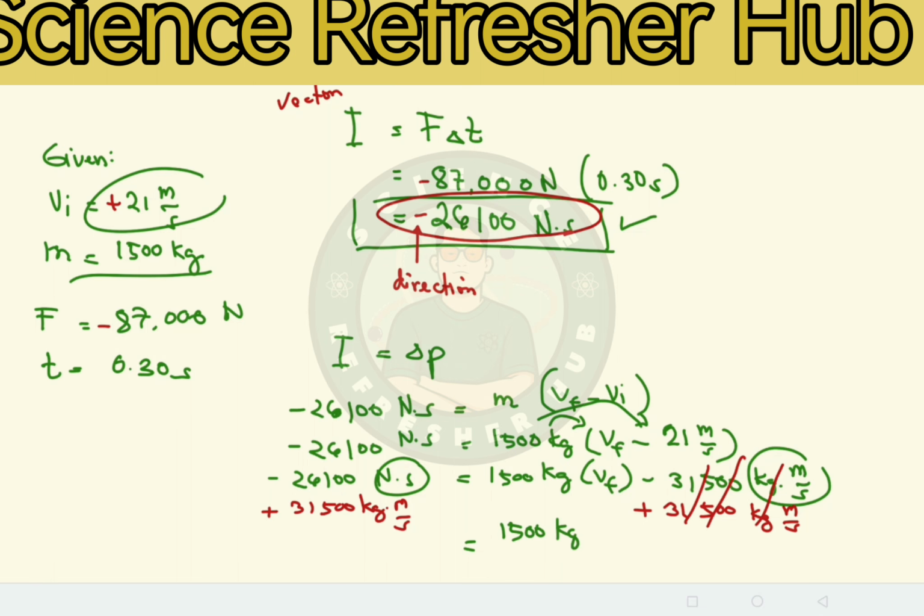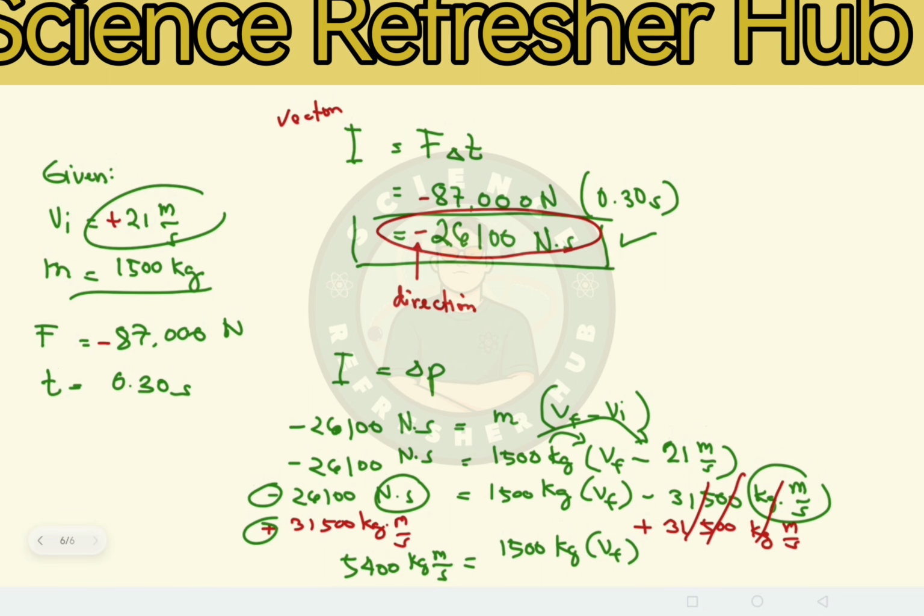Let's copy 1,500 kilogram and our unknown VF. They have different signs, negative and positive. So let's just input it in your calculator. So 31,500 positive minus 26,100. So the answer will be 5,400 kilogram meter per second.